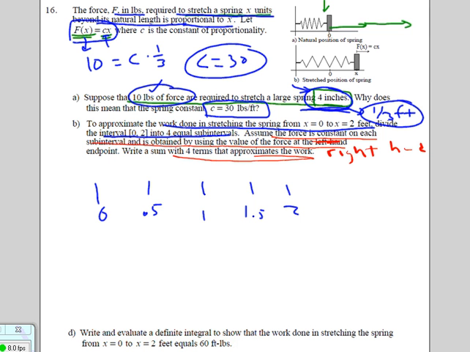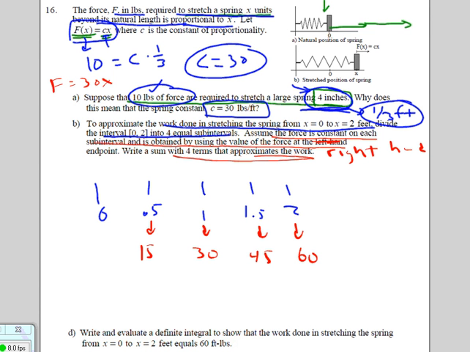So we need to find the force at the following 4 places since we're doing a right hand. And we now know that the force equals 30x. So we're going to have 15 and 30 and 45 and 60.